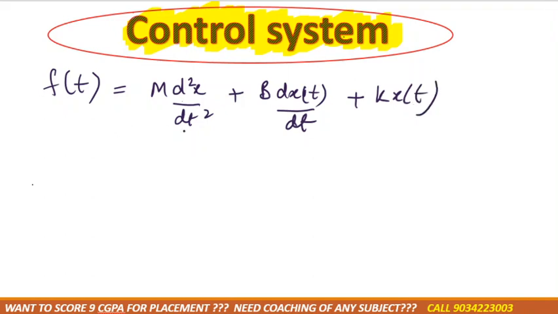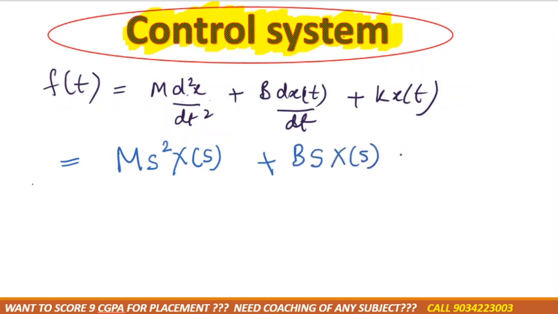If we want to convert it into Laplace, you know, Laplace transform will convert it from t domain to s domain, right? So it would be m, if it is the double differentiation, so s square x of s, correct, plus b, it is the single differentiation, so s into x of s, there is no differentiation, so k into x of s, correct, and force will be f of s, right?